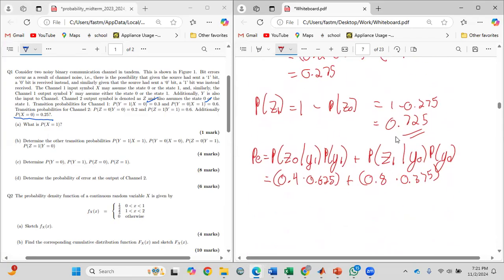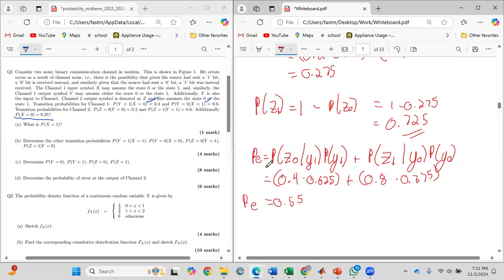So it'll be 0.4 by 0.625 plus 0.8 by 0.375, and it gets 0.55 for the probability of error.